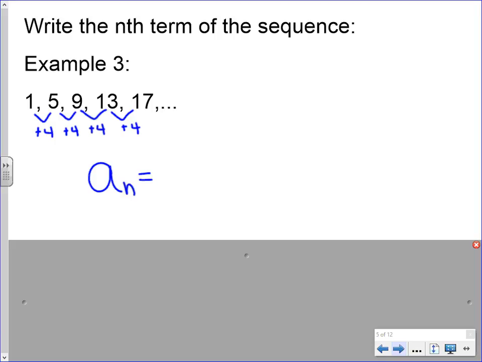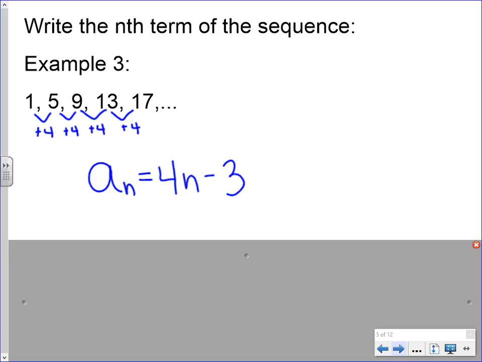Plug in 3 to n to get 9. 4n minus 3. Can you please tell us how you came up with that? Well, I just kind of plugged in some things. If you have to add 4 every time, then I don't know.